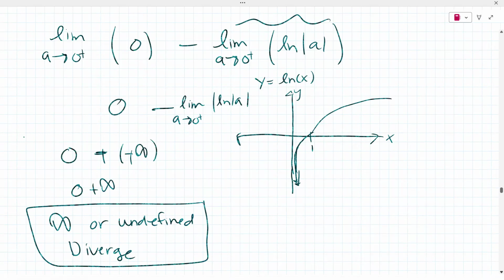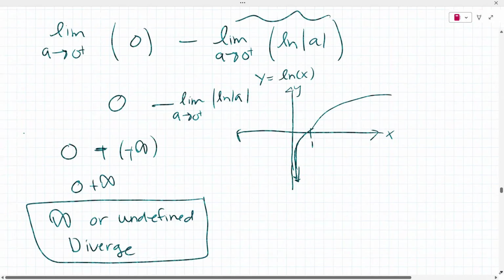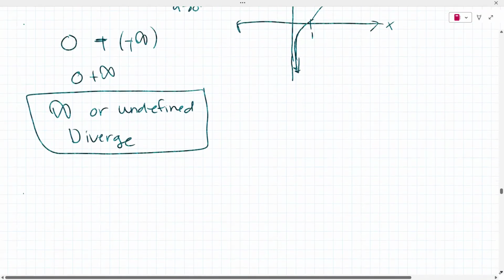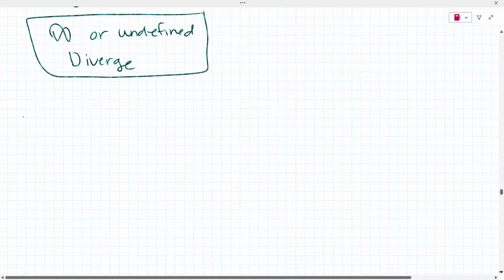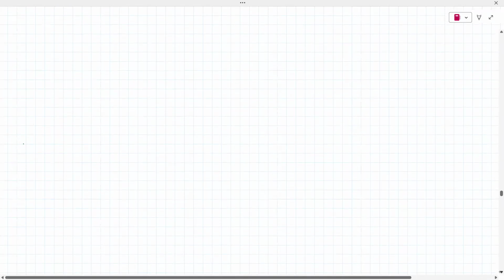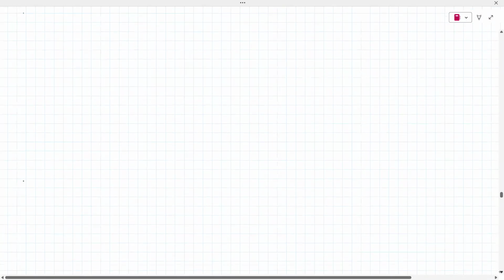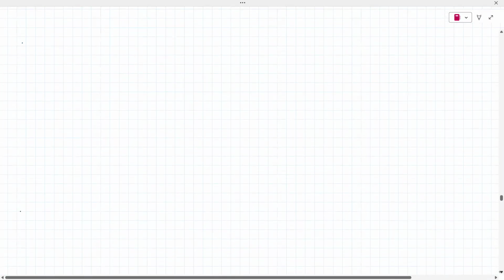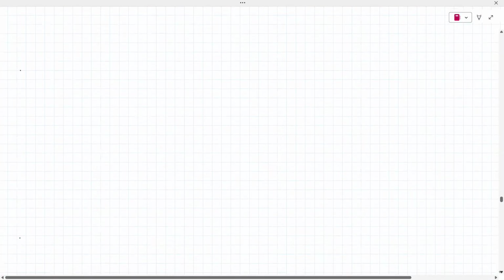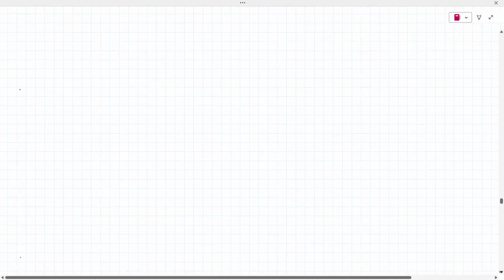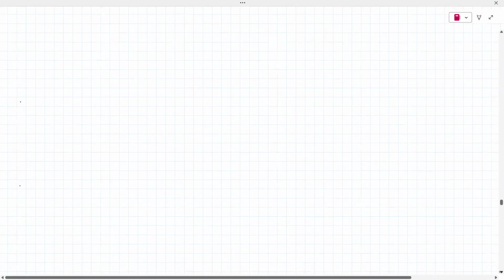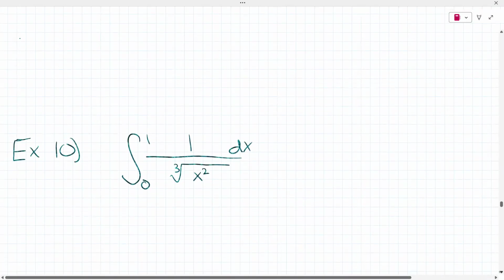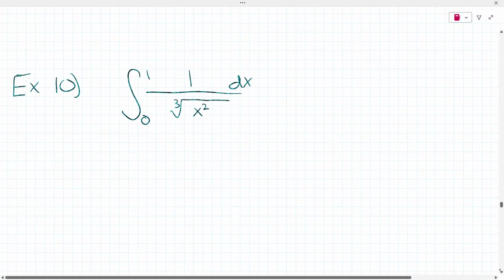Okay, let's move on to example 10. We have the integral from 0 to 1 of 1 over the cube root of x squared dx.